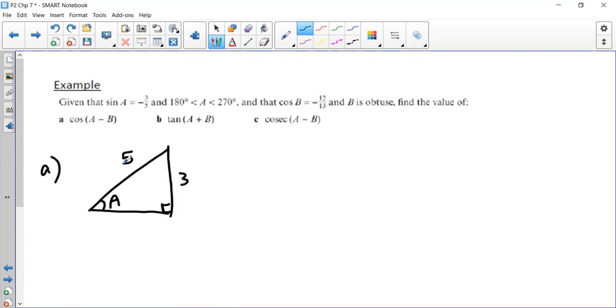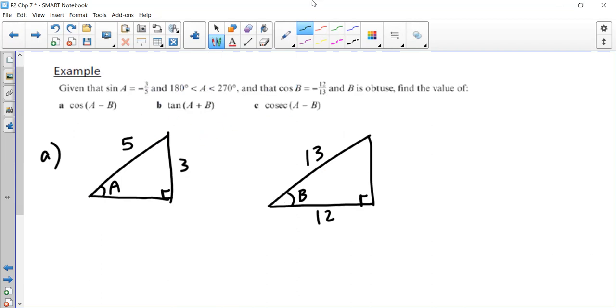And then triangle B, with cos B being 12/13, is here. Would you agree? Because 3/5 is opposite over hypotenuse for sine, and for cos B, adjacent over hypotenuse. Obviously, we do need to take the negative into account, but probably not yet.